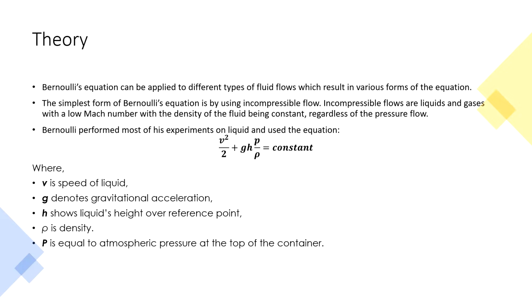Bernoulli performed most of his experiments on liquid and used the equation V²/2 + gh + P/ρ = constant, where V is the speed of liquid, g denotes gravitational acceleration, h shows the liquid's height over the reference point, and P is equal to the atmospheric pressure at the top of the container.